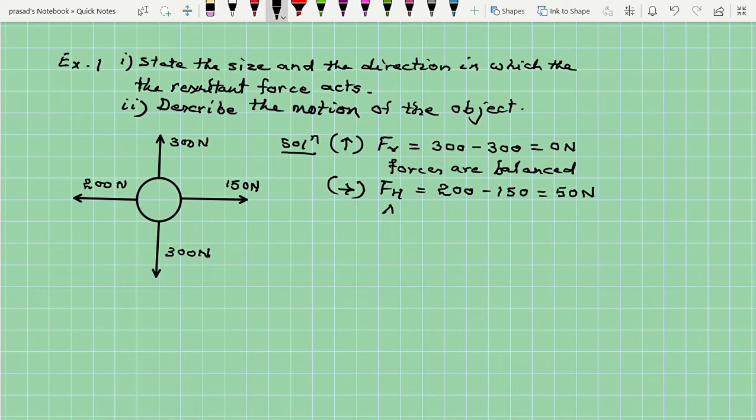So a resultant force of 50 Newton, that is the size of the force, acts towards the left.